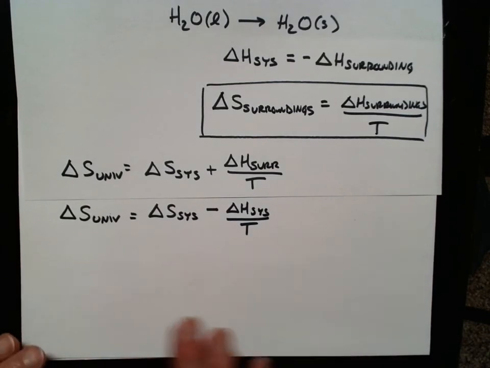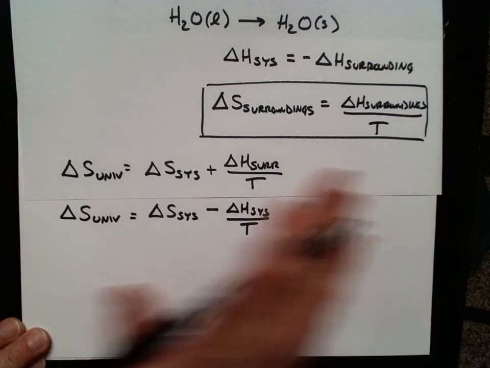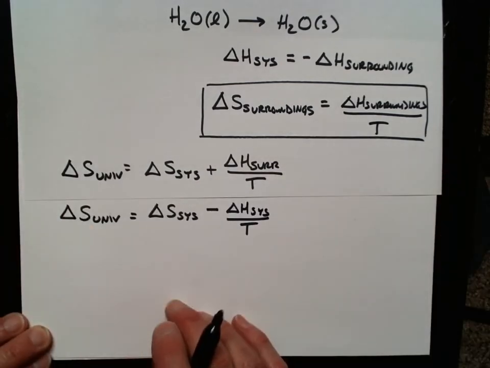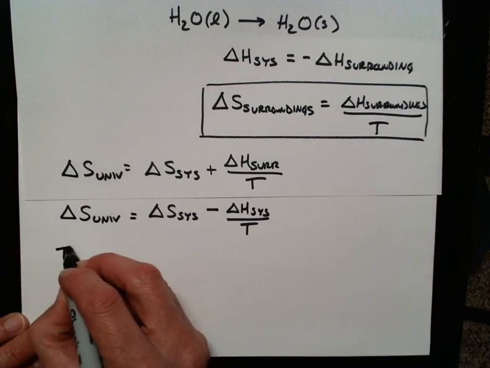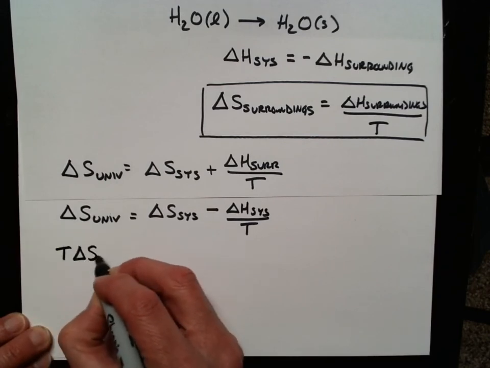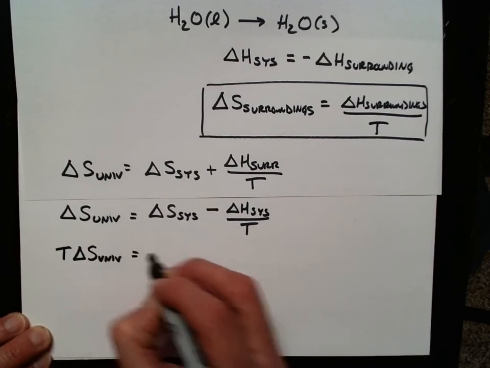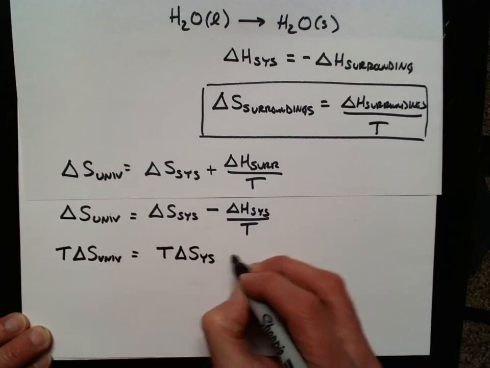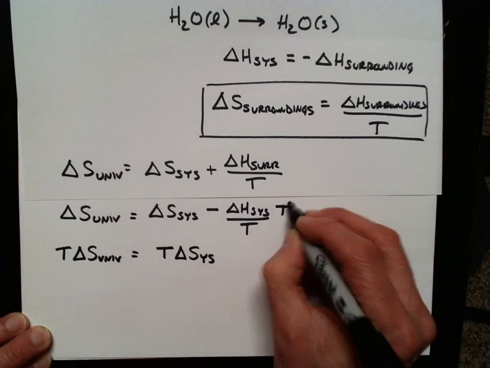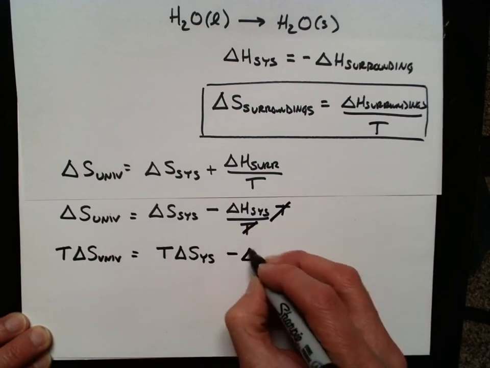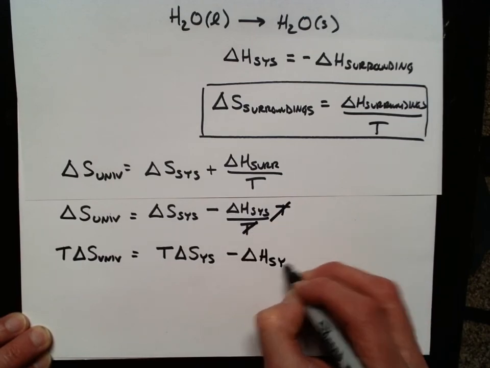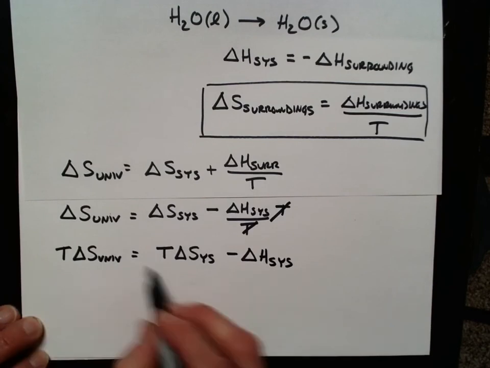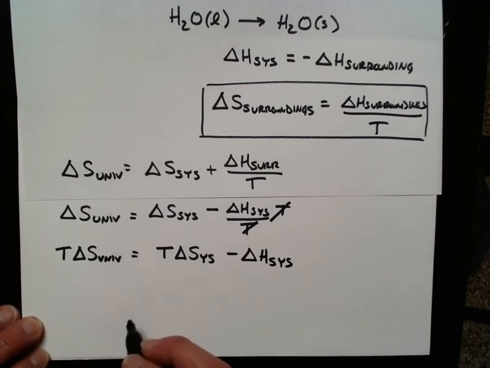And now what I'm going to do is multiply everything here by temperature. So if I do that, I get T delta S of the universe. That's going to be T delta S of the system. Well, if I multiply this by T, they cancel. Minus delta H of the system. You might see where this is going. Now I'm going to multiply everything by a negative sign.